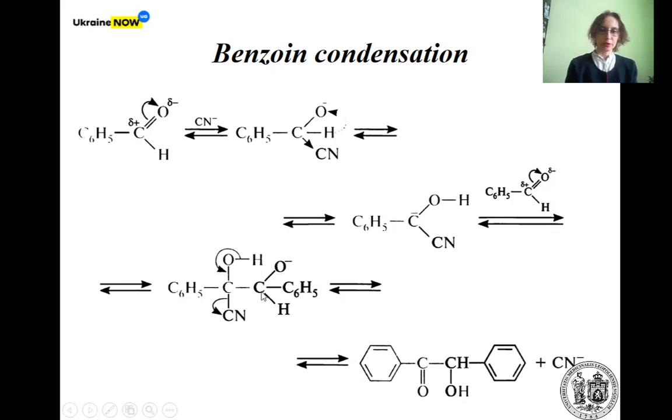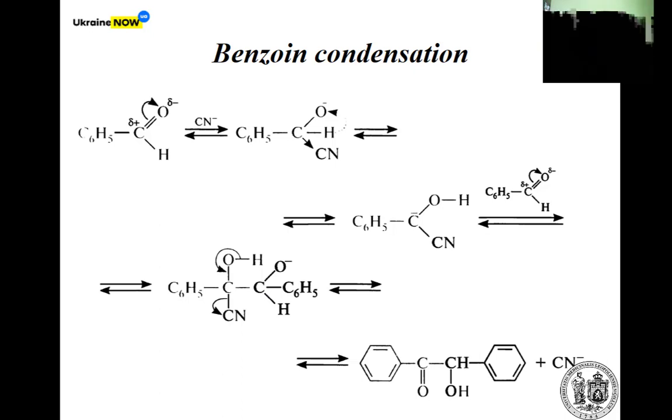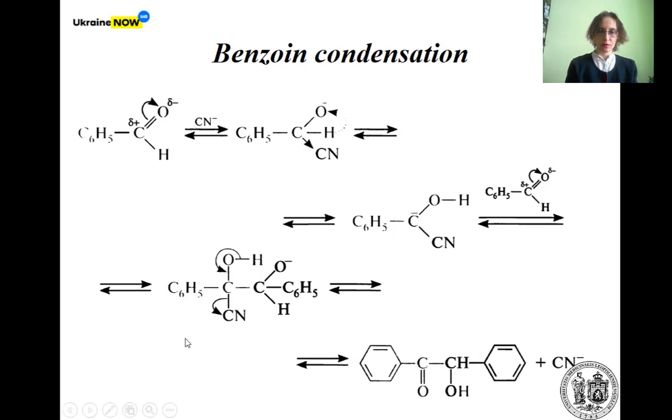And then in this product cyanide is released and hydrogen that was here is transferred to this negatively charged oxygen, and here a double bond is formed. And after the reaction we have cyanide anion back.